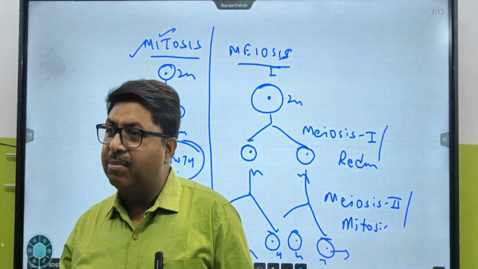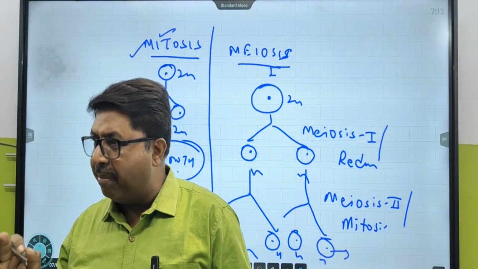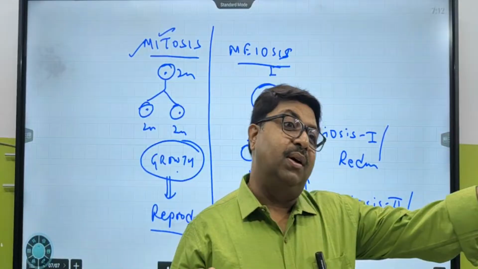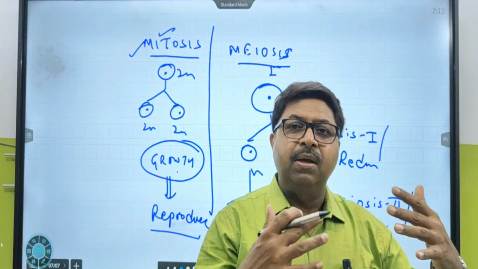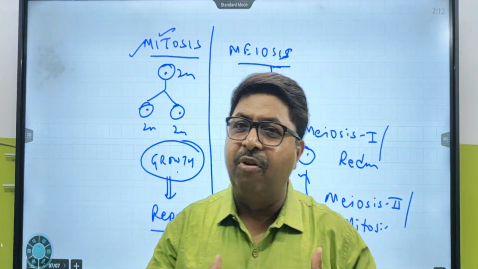That n number of chromosomes in the gametes is going to unite with the other gamete, male or female, and ultimately form a new life, forming a zygote.